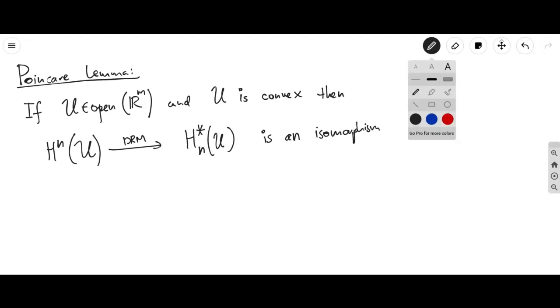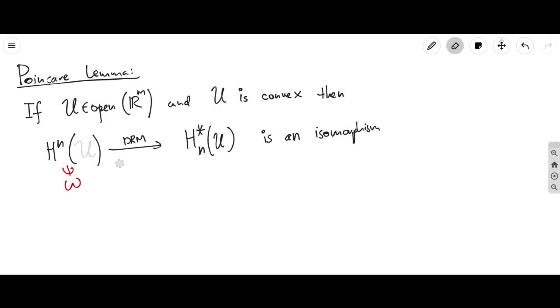So again, what's the de Rham map? The de Rham map says that if you pick an n-form defined on this open set, in other words, something with zero derivative because it's in the cohomology, you assign to it the following element of this dual. This is the map that takes an n-chain and assigns to it the integral, so that we have an isomorphism.